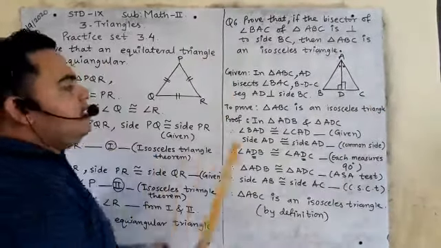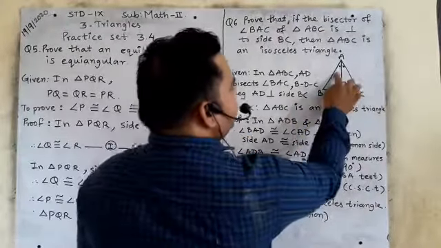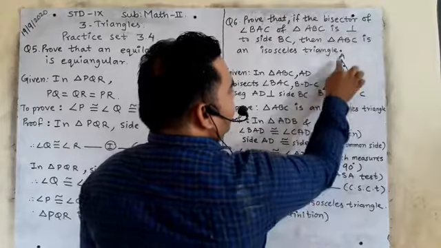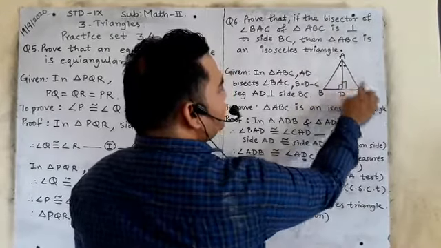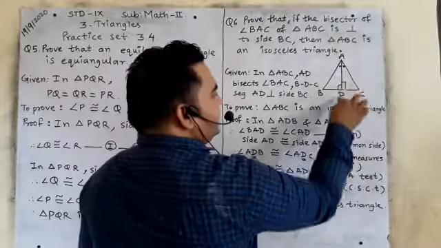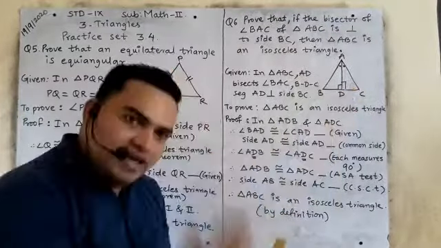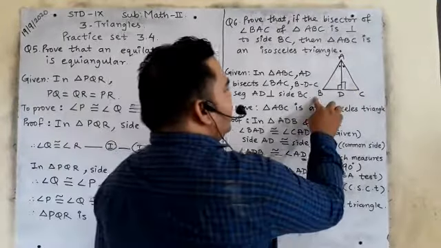Is it clear? Angle BAD, see this, is equal to angle CAD. Yes or no? Because AD is the angle bisector of angle BAC. AD is the angle bisector of angle BAC.